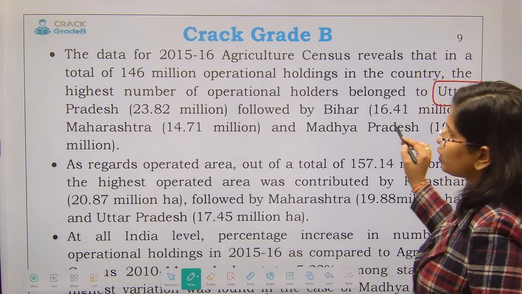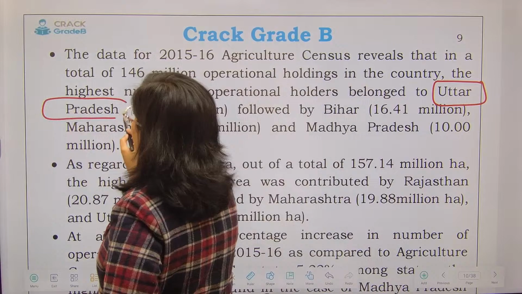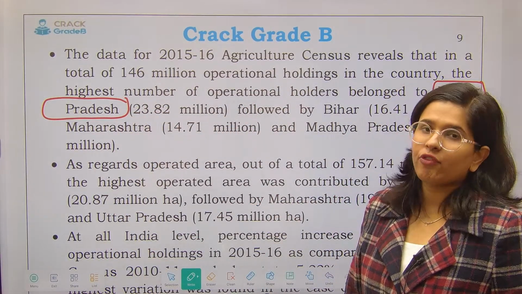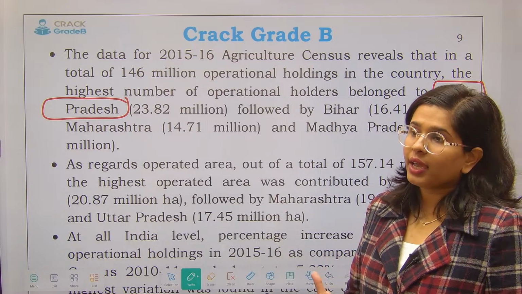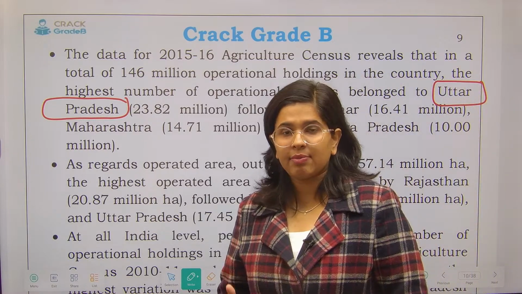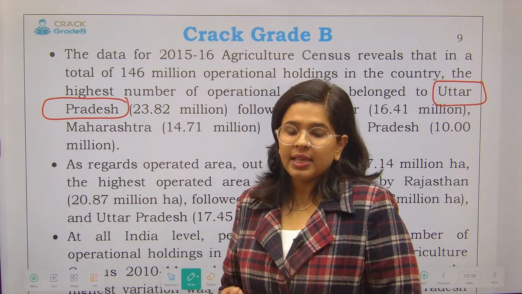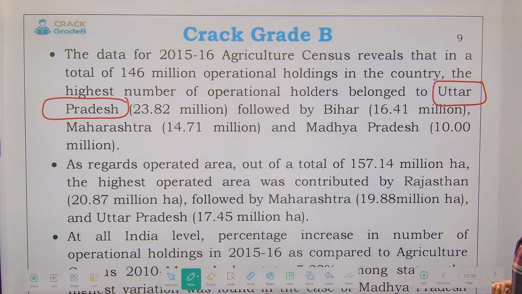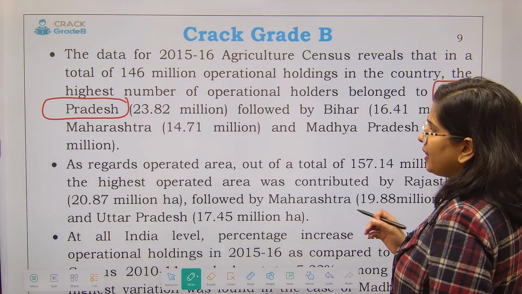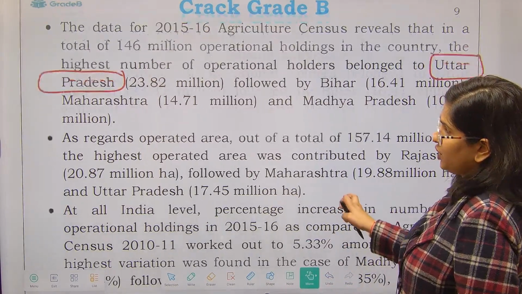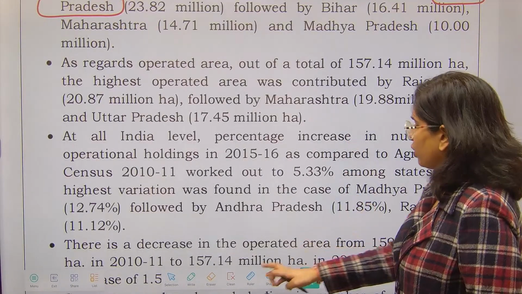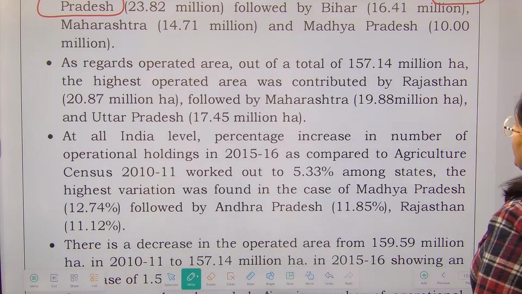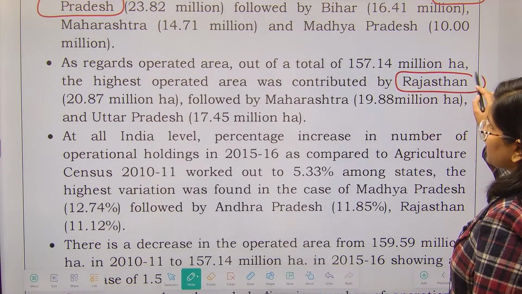Obviously UP is the most populous state in our country, and that is how you can remember that the highest number of operational holders, when we are talking about people, are in Uttar Pradesh. It is followed by Bihar and Maharashtra, and then Madhya Pradesh. As regards operated area, out of the total 157 million hectares, the highest operated area was contributed by Rajasthan.